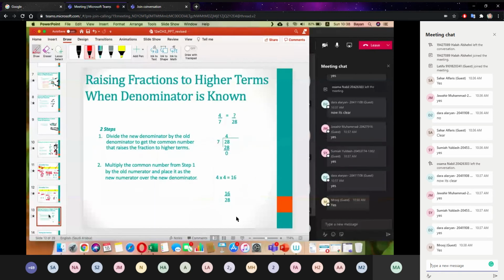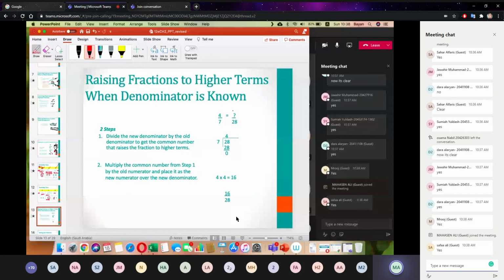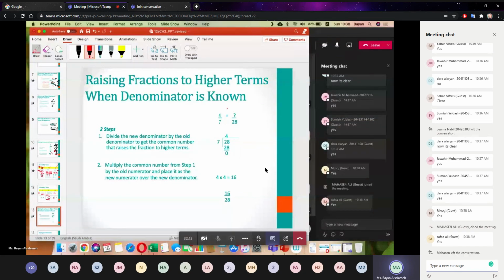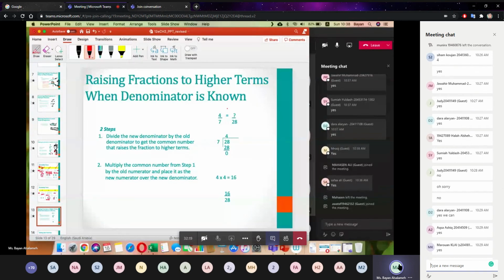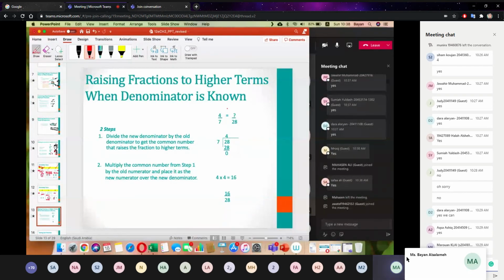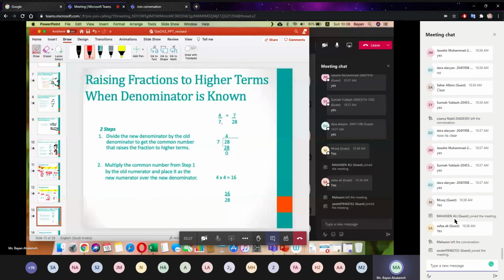Okay, now we move to raising the fraction to higher terms when the denominator is known. So here we have 4 over 7 equal to an unknown value over 28.